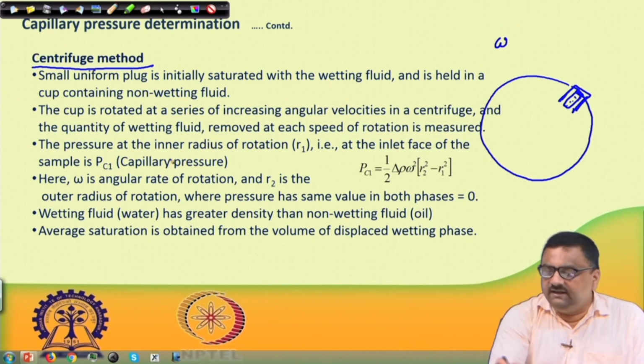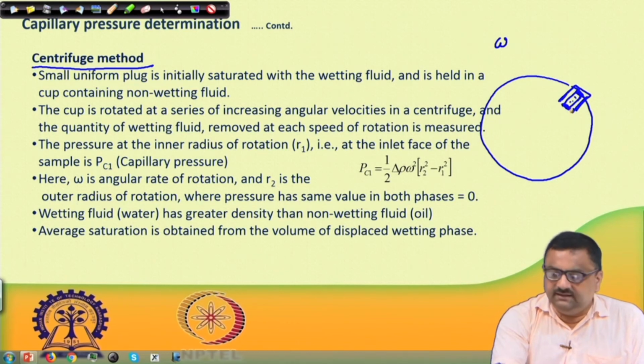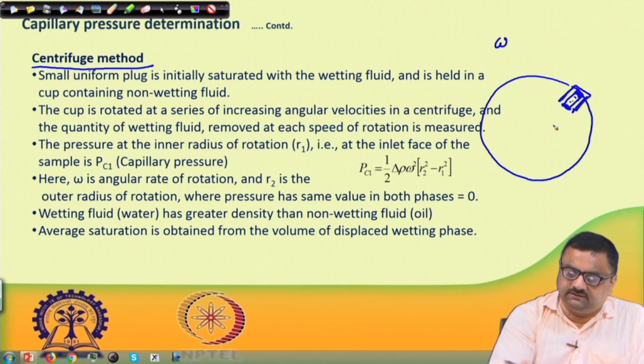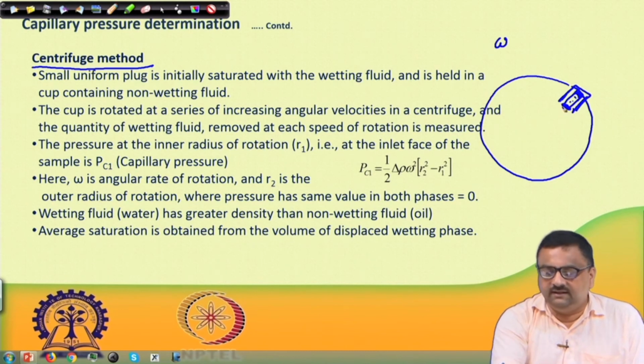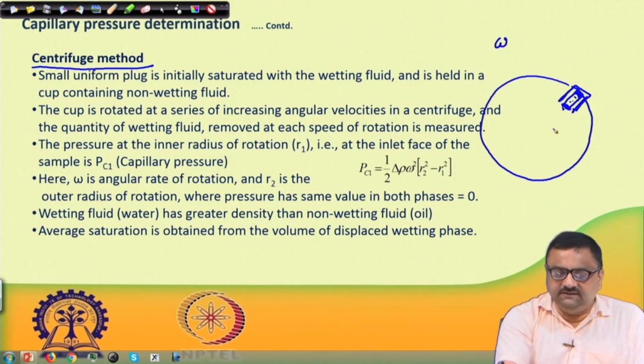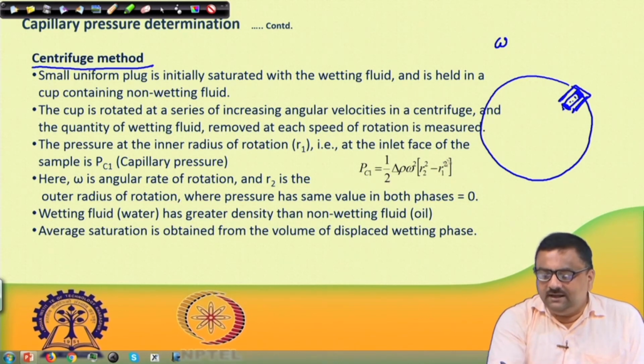Now, one can see the pressure at this face and the pressure at this face. What is the difference between these two pressures? The pressure at the inner radius of rotation, that is at the inlet face of the sample, is PC1, where PC1 is half delta rho omega square (R2 square minus R1 square). Delta rho is the density difference between oil and water.